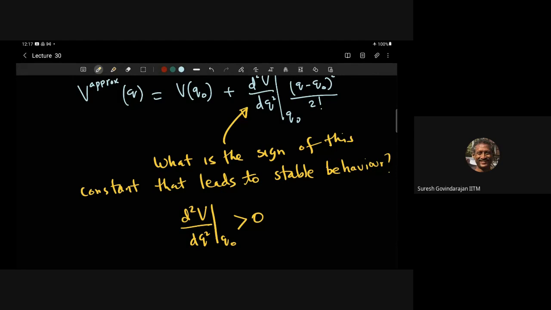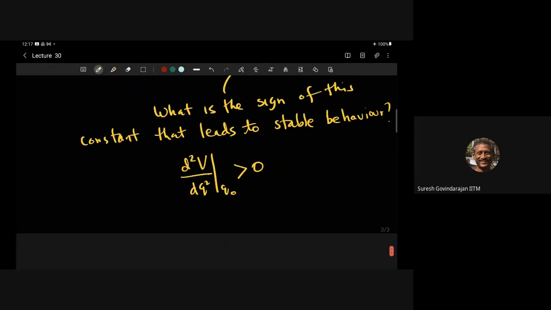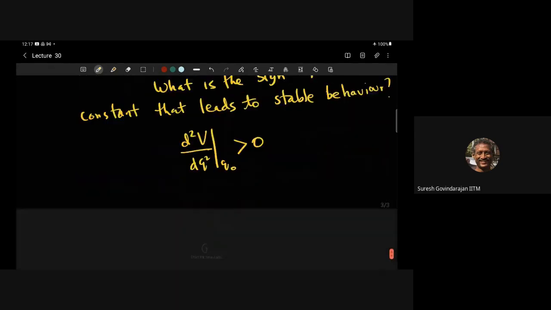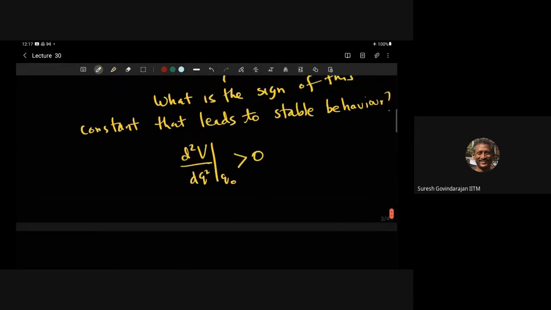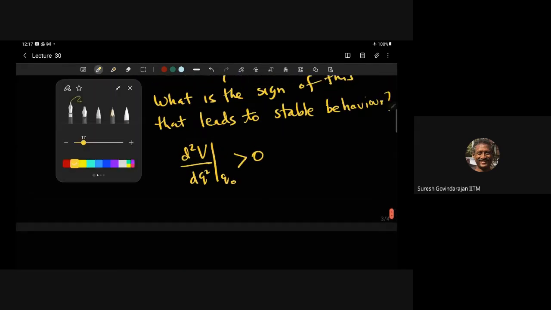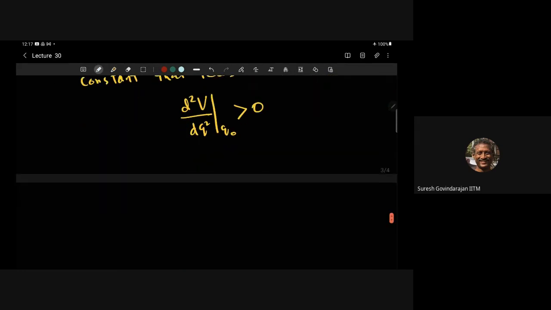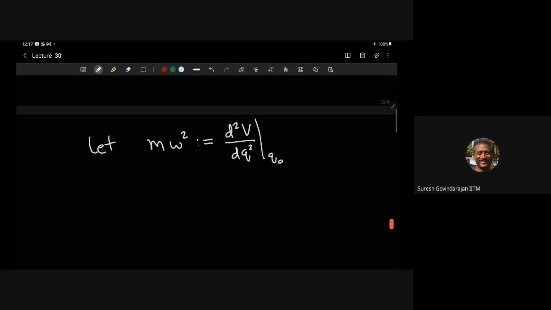Okay. So this is very simple, and then we can define this constant. Let m omega square be defined to be d square V by dq square at q naught.